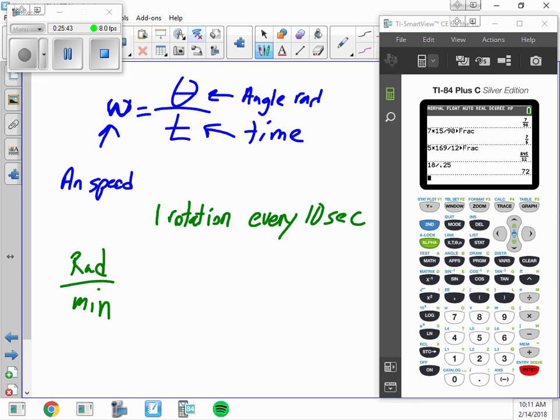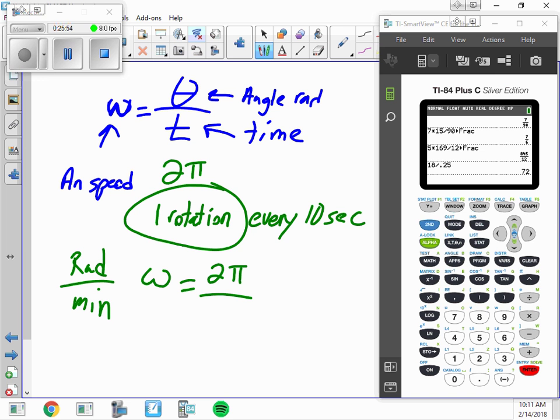We're going to do one rotation, and one rotation is 2 pi. So omega is equal to 2 pi over, how long does it take to do one rotation? 10 seconds, but we don't want 10 seconds. We want minutes. 10 seconds would be 1/6 of a minute. So we multiply this by 6 over 1. So we end up with 12 pi radians every minute.